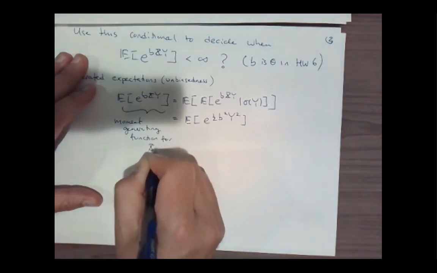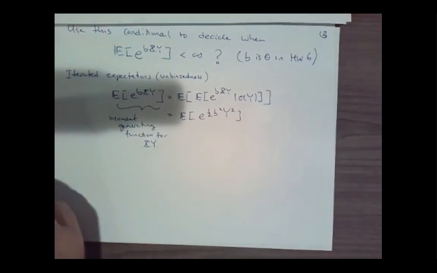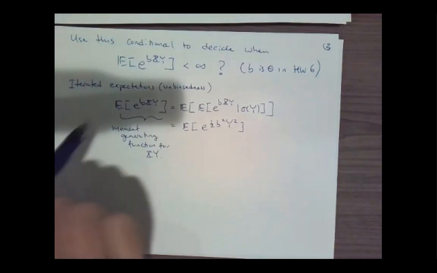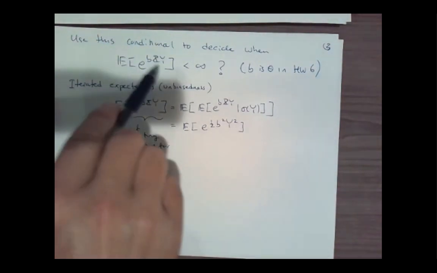And so we're asking, when is the moment generating function finite? We're not necessarily asking what it's equal to, but we'll settle for now for which b's will give me that this expectation is finite.